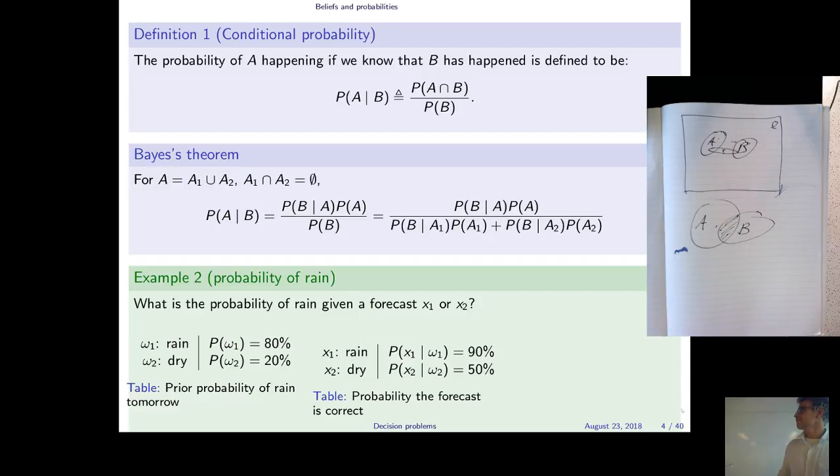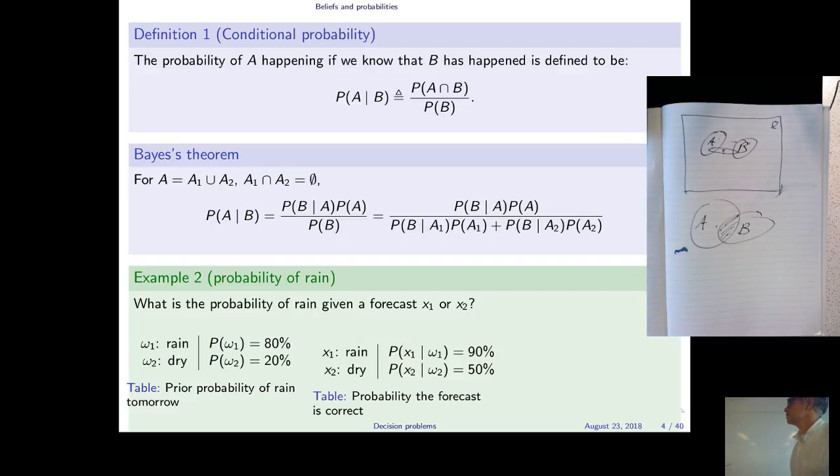The first step is to replace this A and B here with these events, and see if you can get into a form where this thing can be written in the form of this fraction.